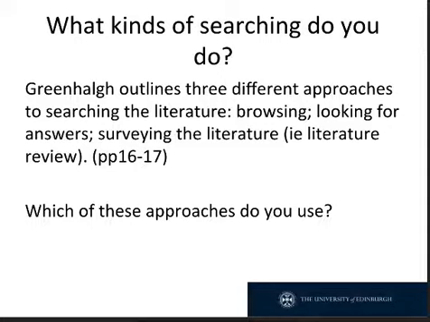The browsing, I put something else in that category of the browsing. I put serendipity in there because sometimes some of the most useful papers or publications I discover because somebody mentions them to me, or I stumble across them when I'm not actually looking for them.